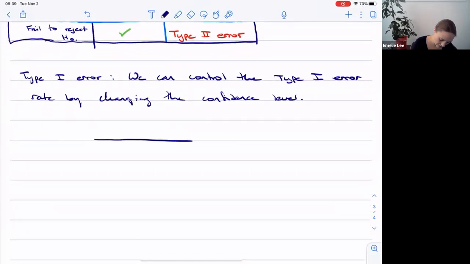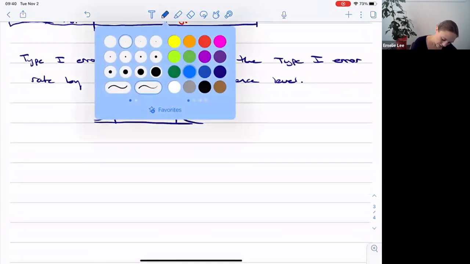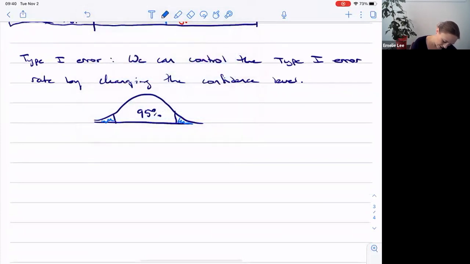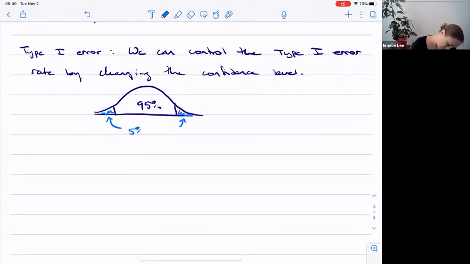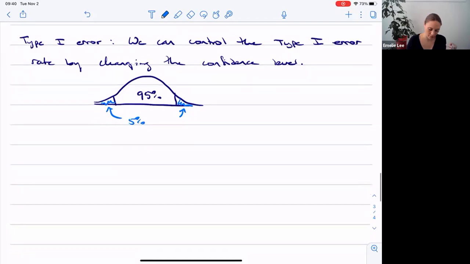So if I make a 95% confidence interval, then we said that there's a 5% chance of being wrong, right?